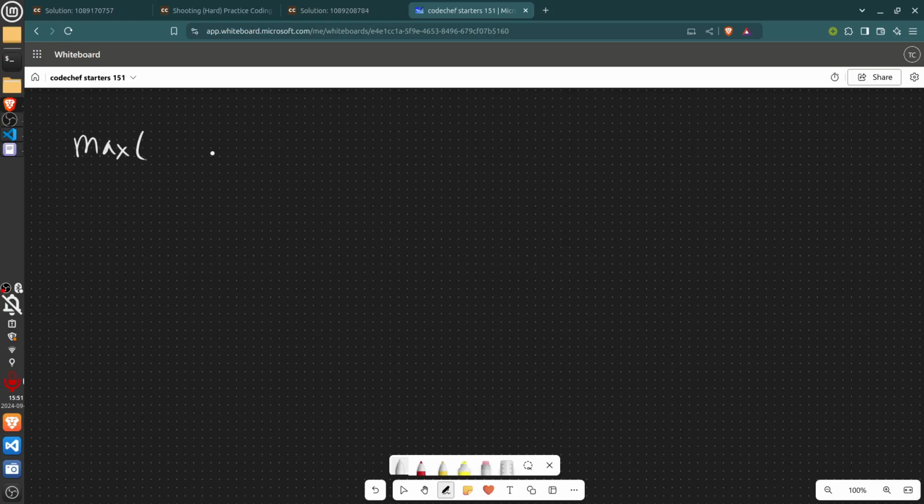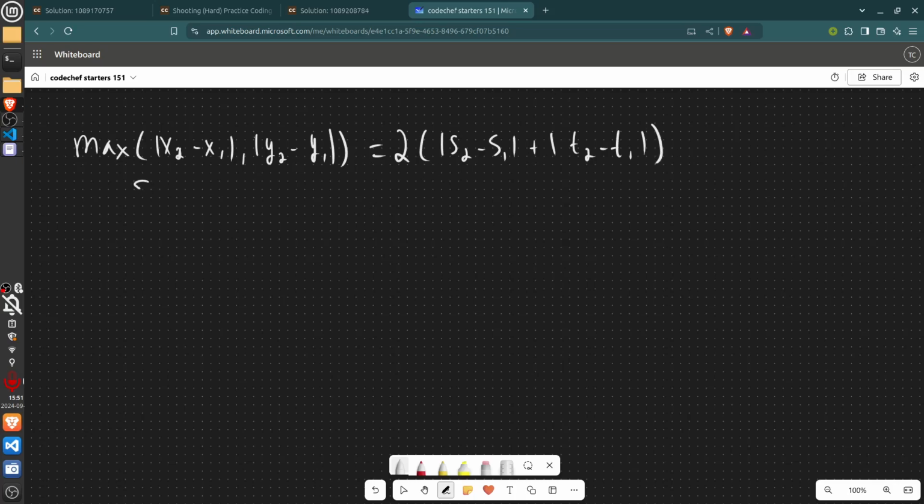If you're taking the max of these, there's a Manhattan trick which says that this is equal to the following, where S is basically a coordinate transformation and T is a coordinate transformation, where these coordinates correspond with these two values. And there's a very nice visual for this as well.